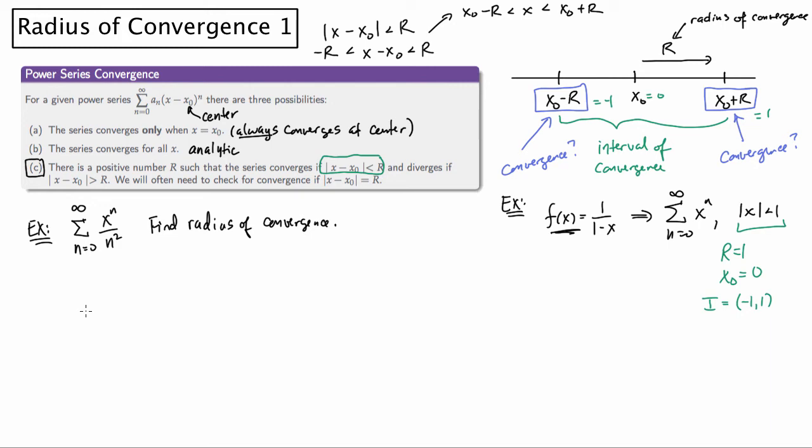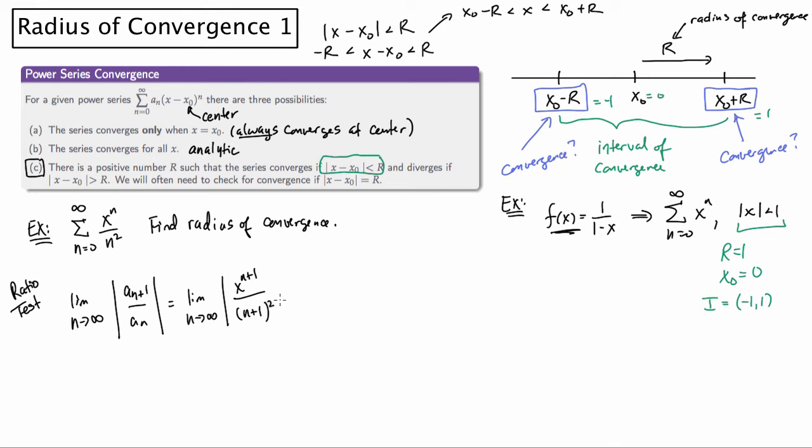In order to do this, you have to apply the ratio test. So if I use the ratio test, remember the way that works. The ratio test is the limit as n goes to infinity of a_(n+1) over a_n, which in this case is the limit as n goes to infinity of x to the n plus 1 over n plus 1 squared, times, remember, you take the reciprocal of the function.